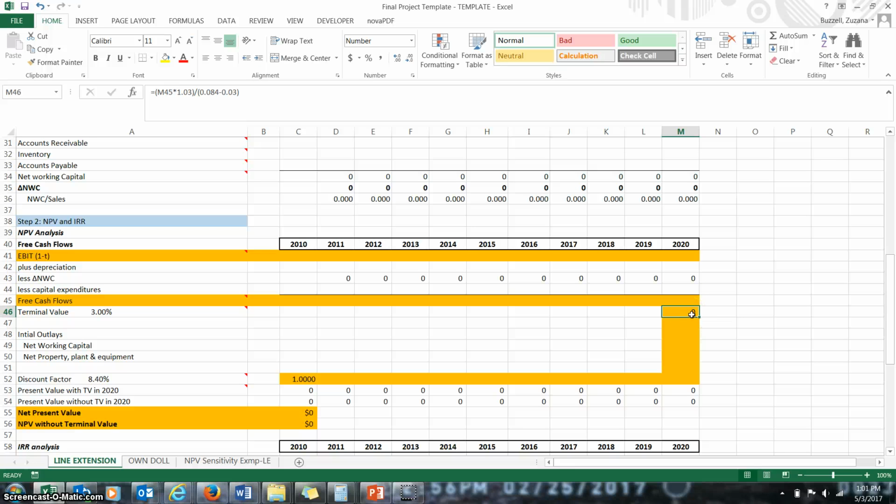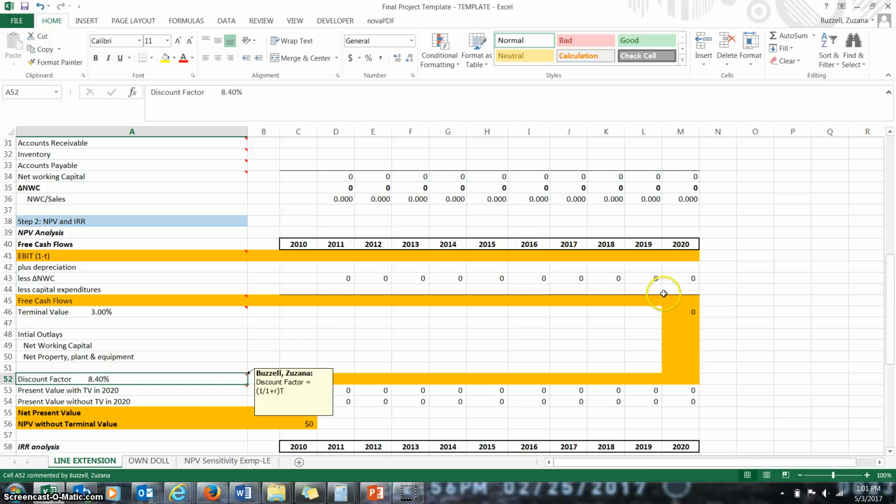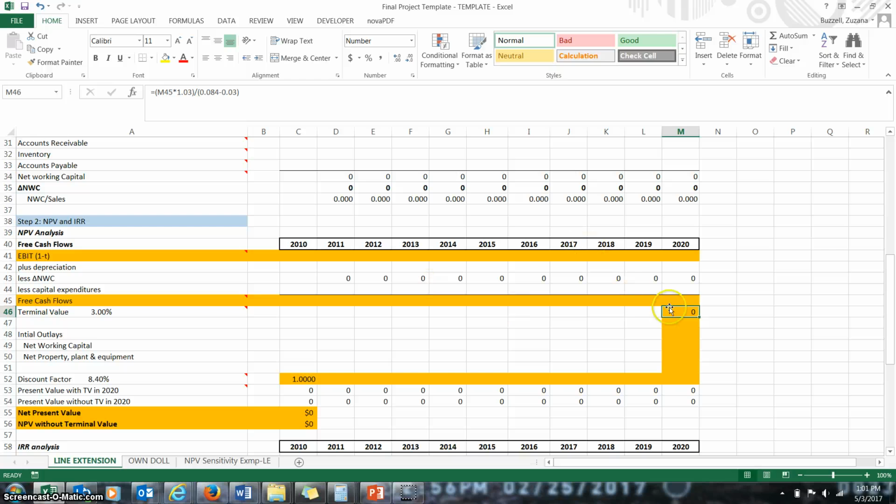So it's going to grow in perpetuity. You end up with your free cash flow in year 2020 that's going to grow at 3%, and you are discounting it at 8.40% to 2010, to your beginning. So that's why you have it here.